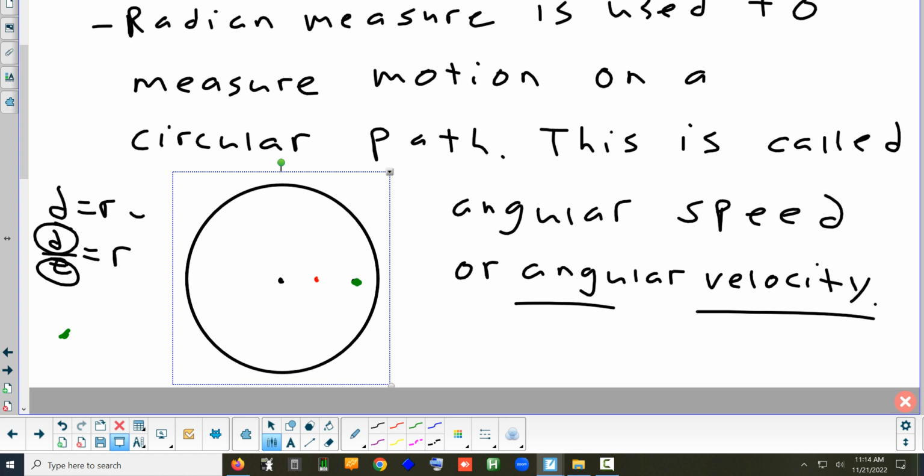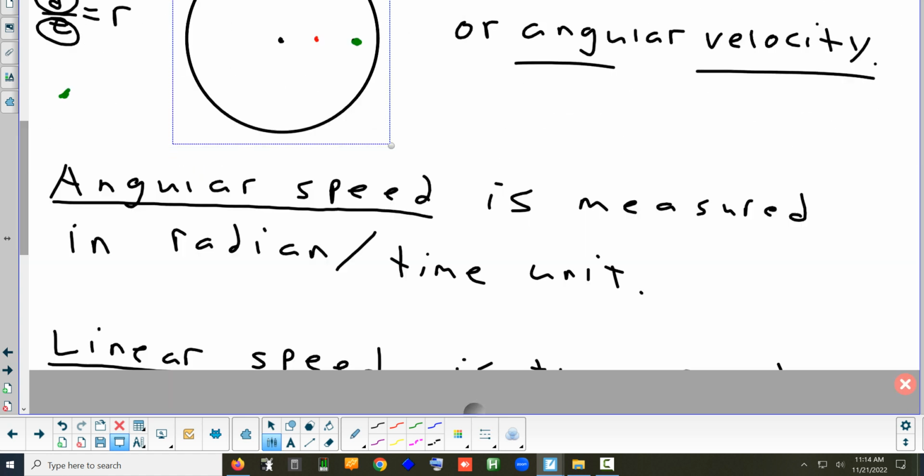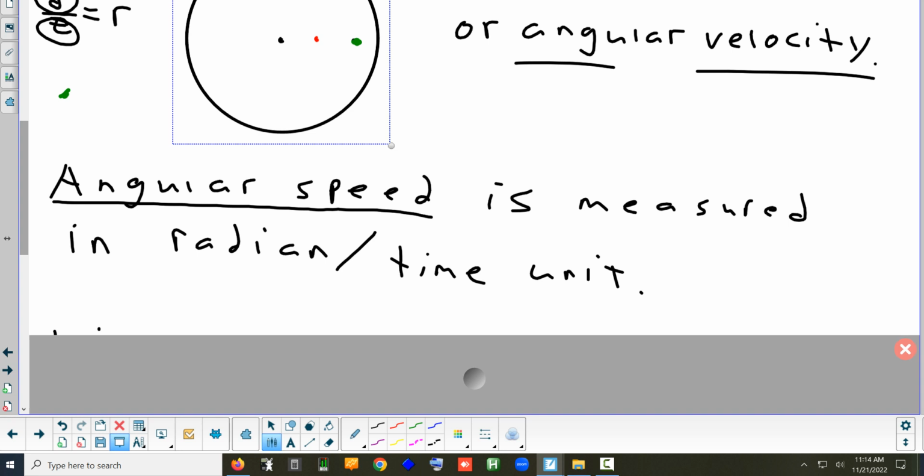Any question on that idea? Okay, so that's where angular speed comes up. The default unit that we will always use is radians per time unit, because you can measure the speed of something spinning in lots of different units.